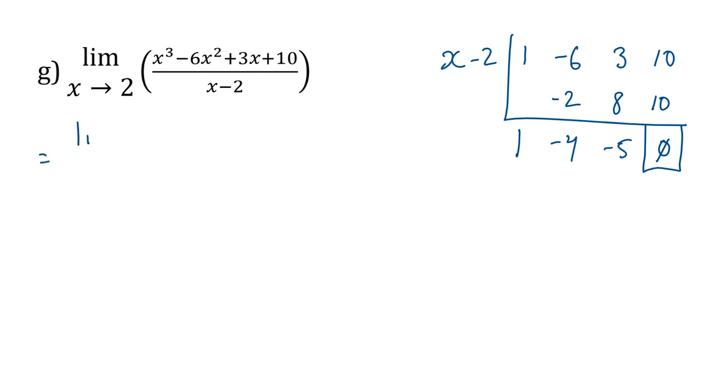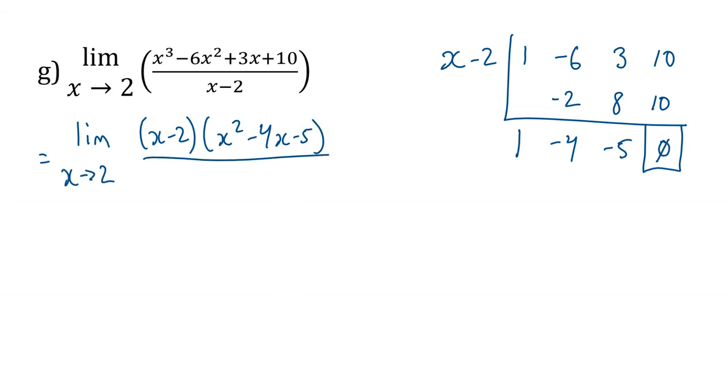So I'm going to come back over here, and I'm going to get x minus 2 and x squared minus 4x minus 5. The hole comes out. And again, notice, the hole is where the limit as x approaches 2. Those are both 0. That's the whole point. That has to be the thing that factors out.